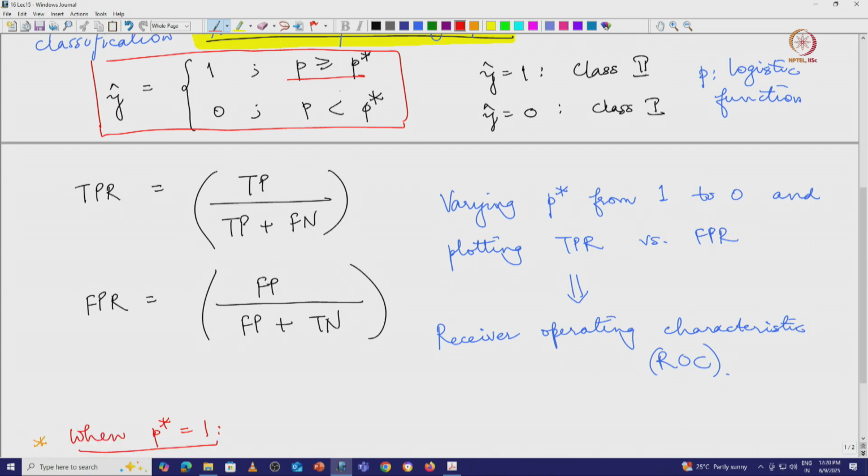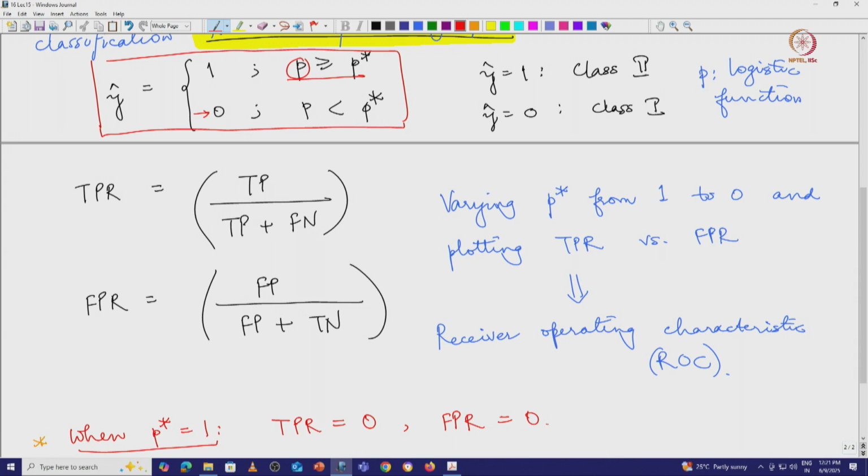So when p star equals 1, it will be impossible for p to be greater than or equal to p star, and therefore all y hats will be assigned 0. So you can never predict any sample to be positive. Your true positive rate will be exactly 0, and your false positive rate will also be 0.